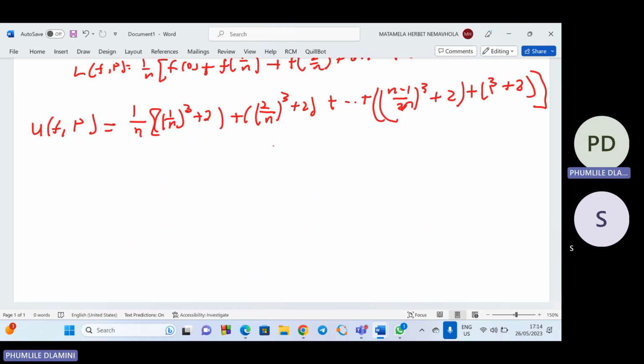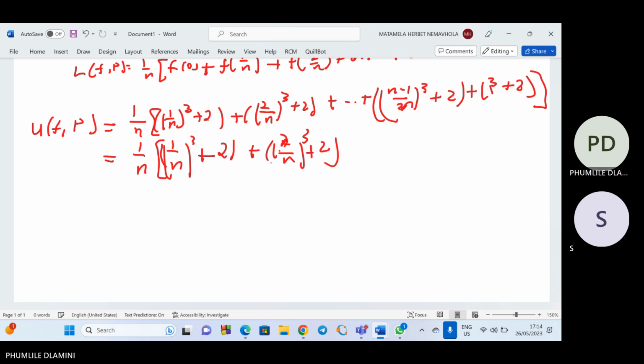If you simplify this, you will have 1 over n in brackets, 1 over n cubed plus 2, plus, again, 2 over n cubed plus 2, plus.